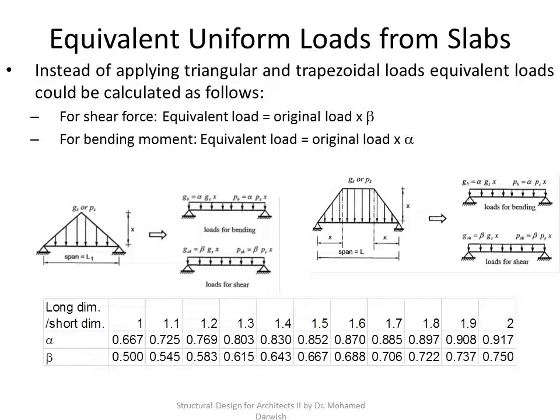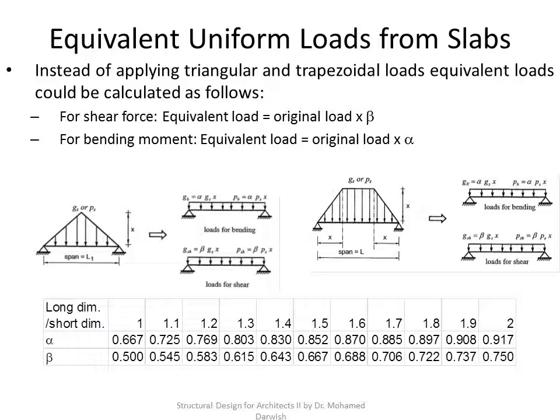However, if you're doing the calculations manually and you need to design for shear, you will use a coefficient called beta, or if you are designing for bending moment, you use a coefficient called alpha. In such a case, instead of having this triangle or this trapezium, you have a rectangular load, whether for bending or for shear, and these values will differ from one ratio of long dimension over short dimension to the other.